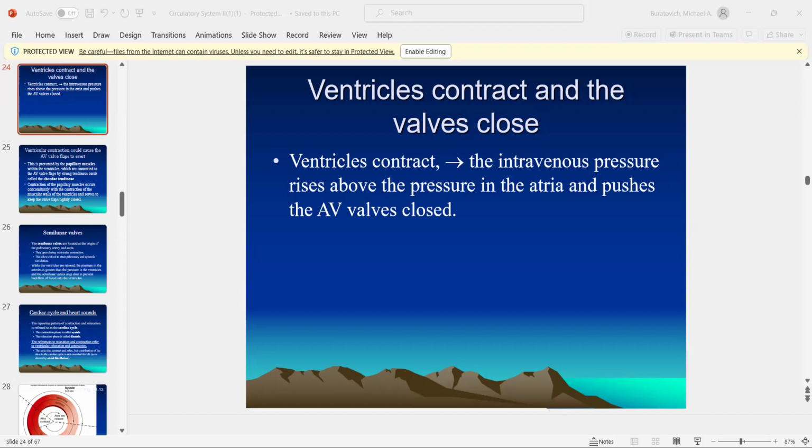This is called the bundle of His, otherwise known as the AV bundle. The silly mnemonic I learned when I was studying this as an undergraduate was the head of the snake says His, the bundle of His. So it looks like a snake, kind of, the head of the AV node. The snake says His, not his, His.